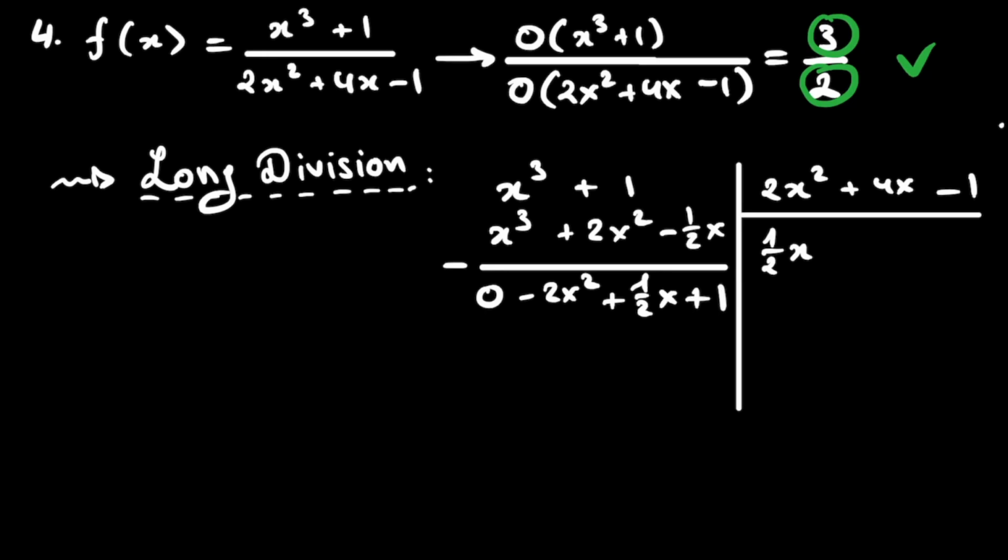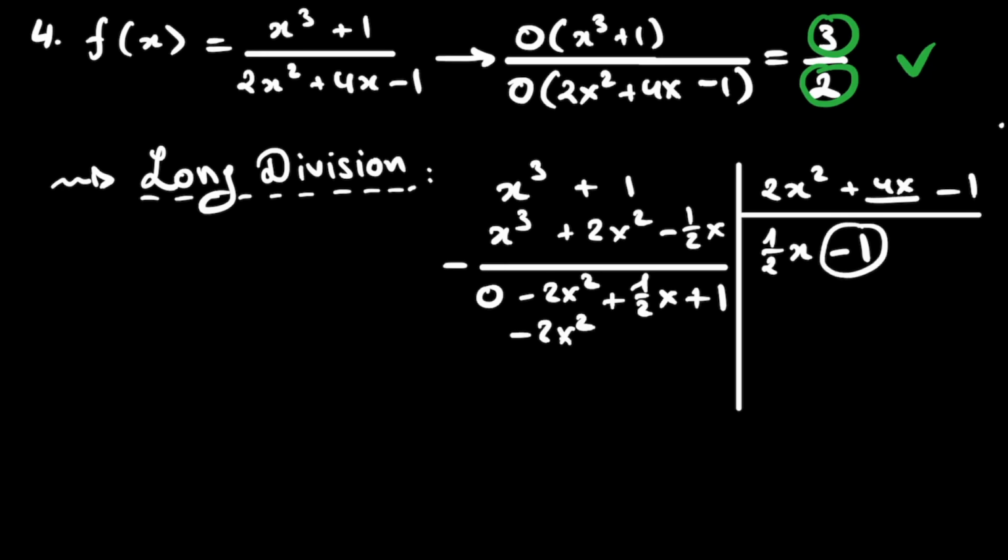And then the procedure just repeats itself by dividing this minus 2x squared by this 2x squared. And this of course simply gives minus 1. Then we multiply this minus 1 with each of these three terms, and we write the result beneath our original polynomial. Minus 1 multiplied by 2x squared is simply minus 2x squared.